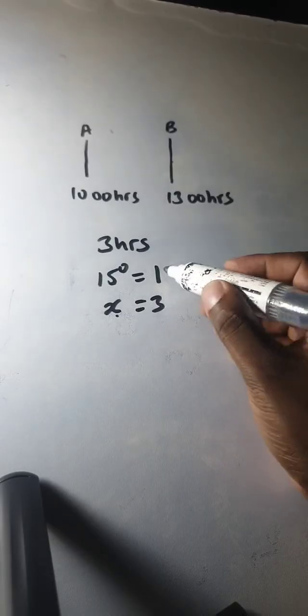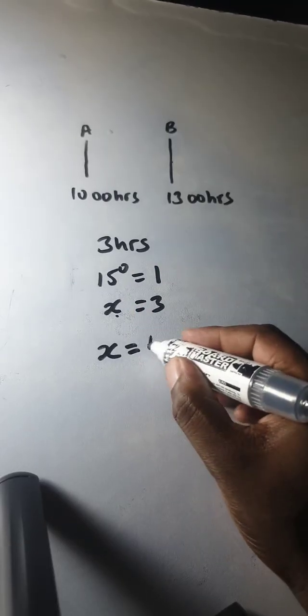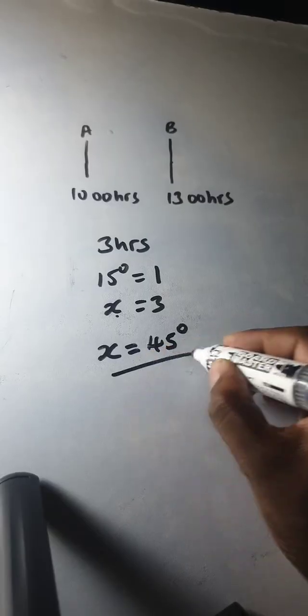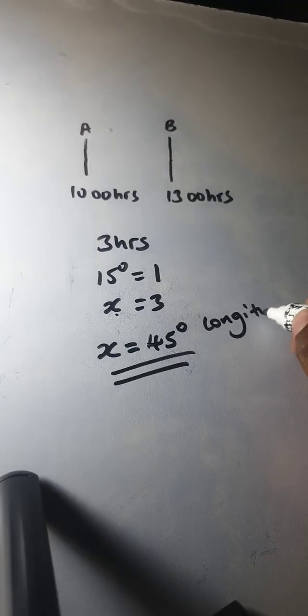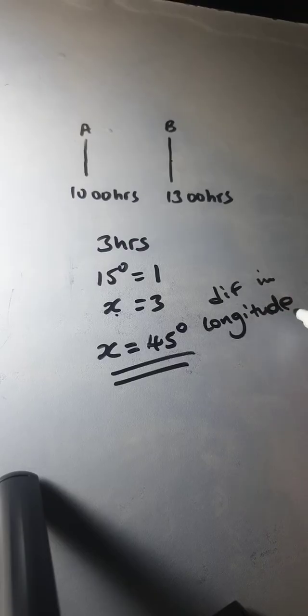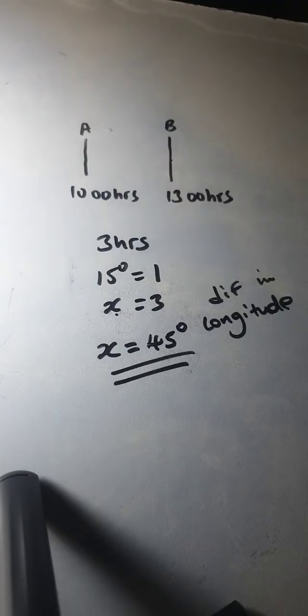So x times 1 equals 15 times 3, which is 45 degrees. So the difference in longitude between town A and B is 45 degrees. That's how we answer such a question.